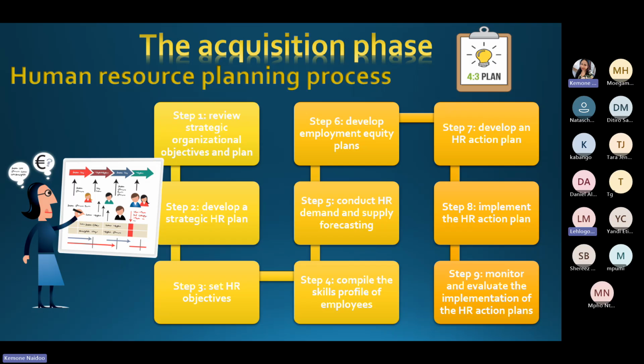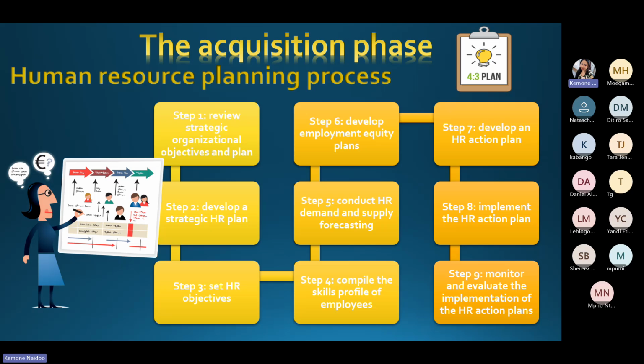Okay, step 3, here we are setting our HR objectives. So again, we are just identifying what we want out of this process. If it's a specific person or specific individuals that we want to hire, it's also identified in this step.